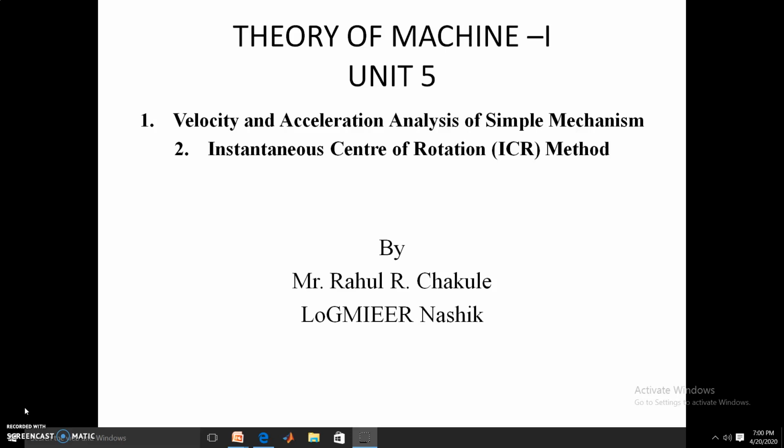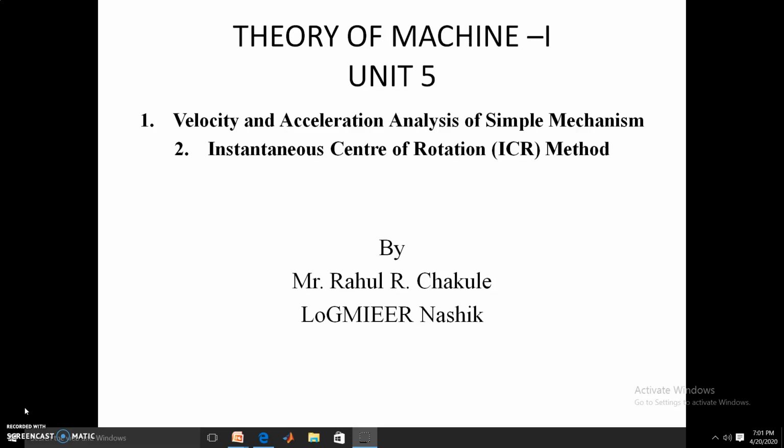Already you know the rule number 5 is having two graphical methods. First, relative velocity and acceleration method. Second, ICR, that is instantaneous center of rotation. So instead of solving the problem by relative velocity and acceleration method, initially I am taking the slider crank mechanism problem by relative velocity method to understand how to make the velocity polygon in a better way.